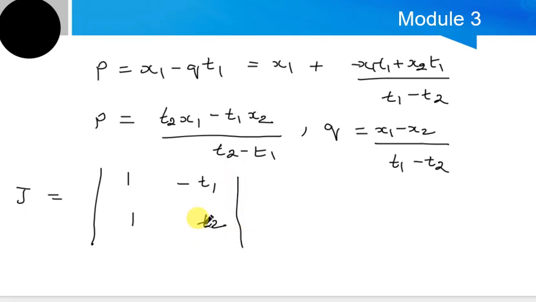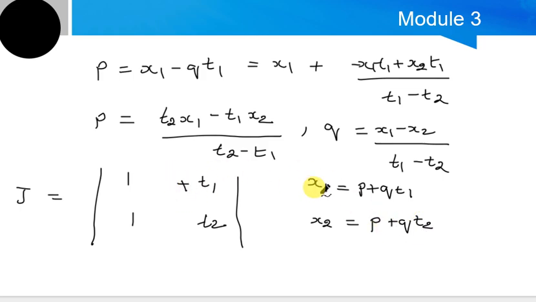How did I get this? I had my x1 value is p plus qt1, my x2 value again p plus qt2.